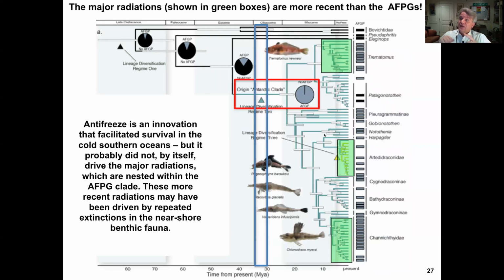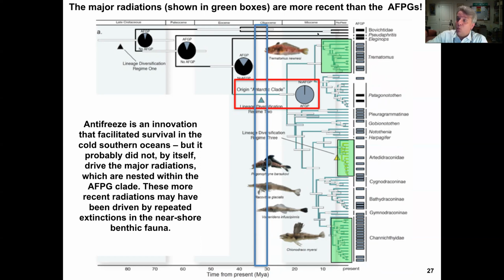So the idea is that just like with Darwin's finches coming to the Galapagos Islands and finding no other birds there, they're able to take off and occupy those different habitats. The notothenoids found all of those habitats cleared of other fish lineages, and they were able to diversify to fill all those other niches.